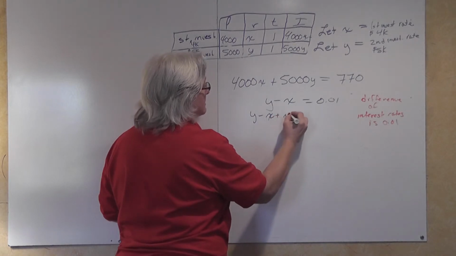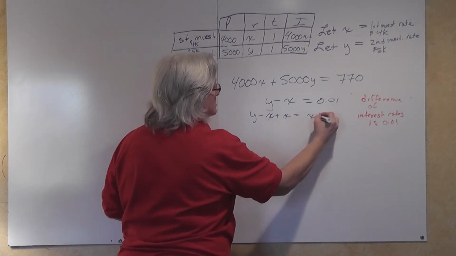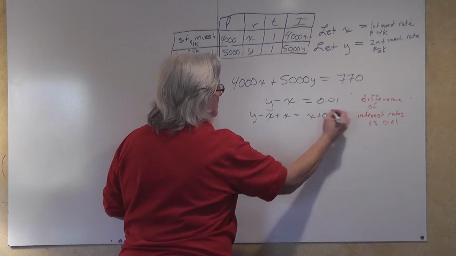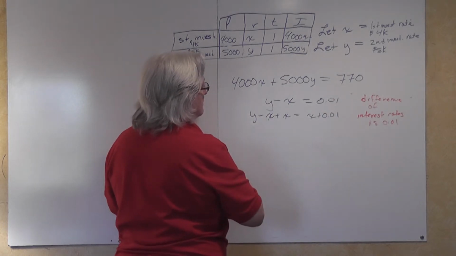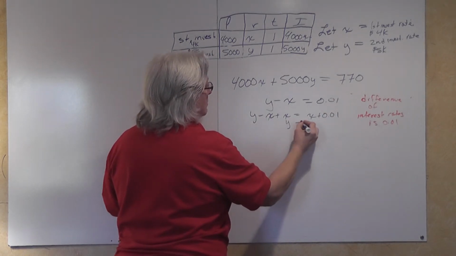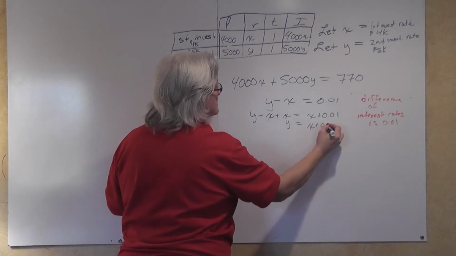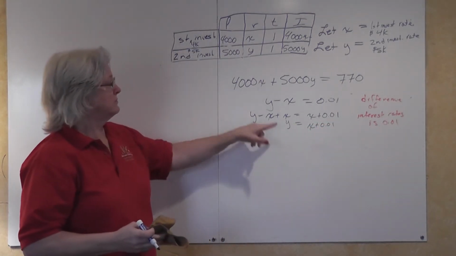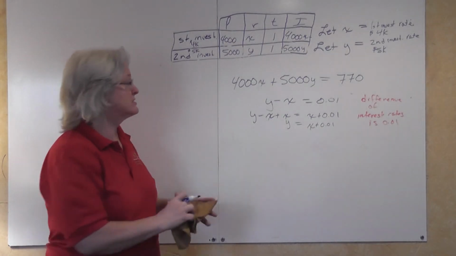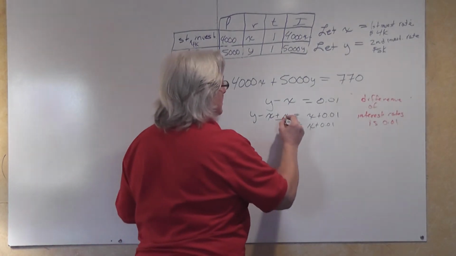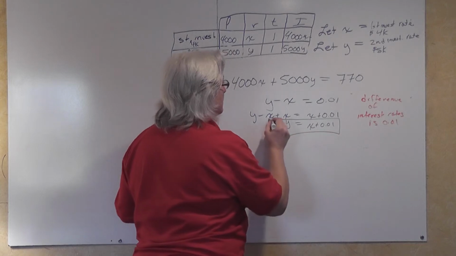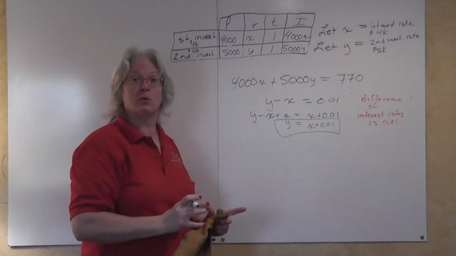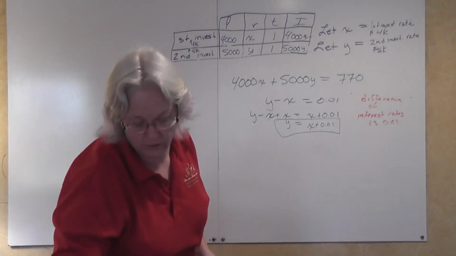So what do you do? You add an x to both sides of the equation, and you now have y is equal to x plus 0.01. We have a value that we can substitute in here for y in our first equation. So let's go ahead and do that.